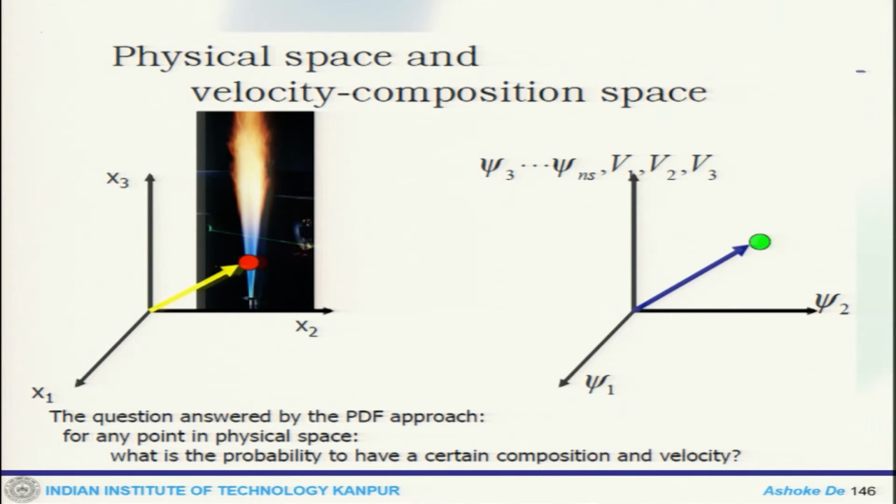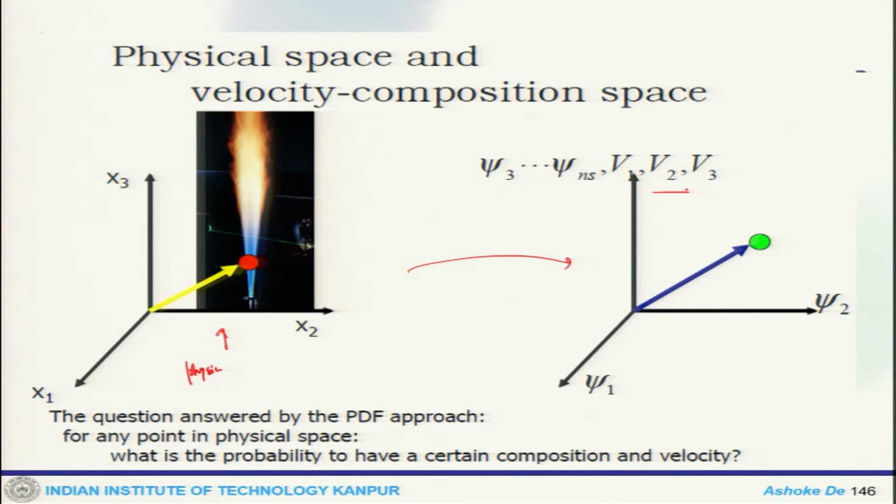What is important, we will move to the discussion of the velocity composition space. So, this is our physical space where the flame is, an unconfined flame, and when you go from the physical space to velocity composition space, you have all n number of scalar compositions along with the velocity components.